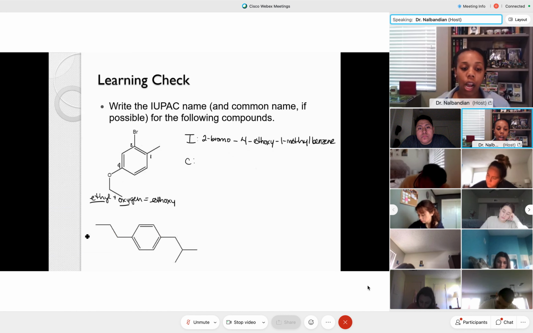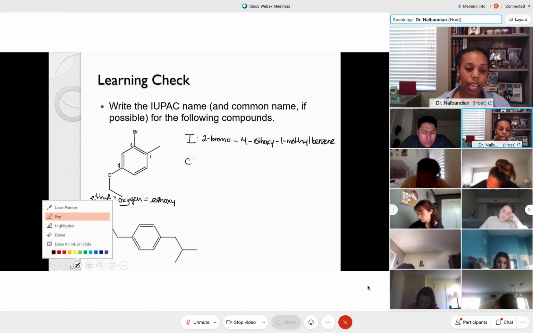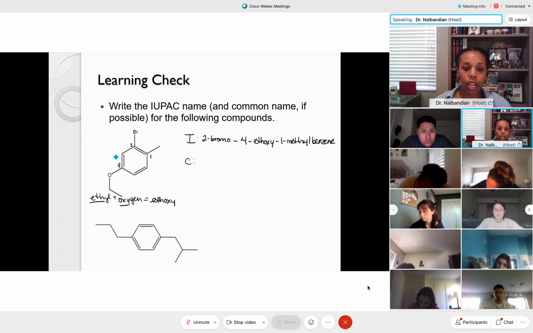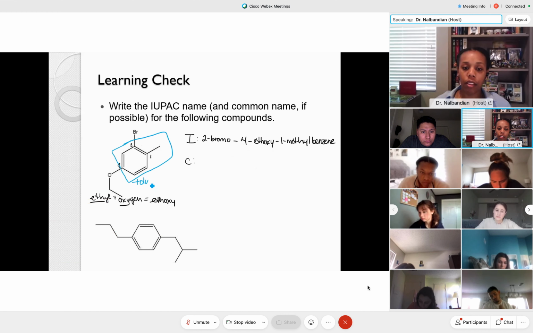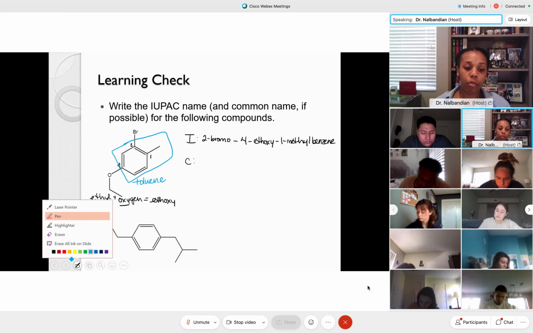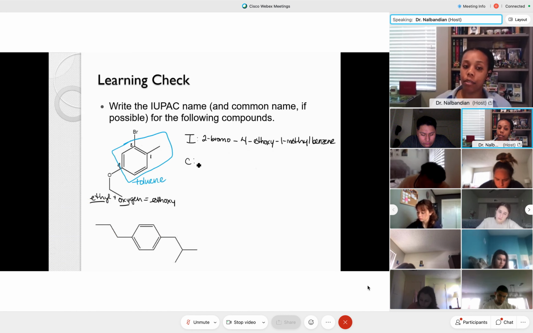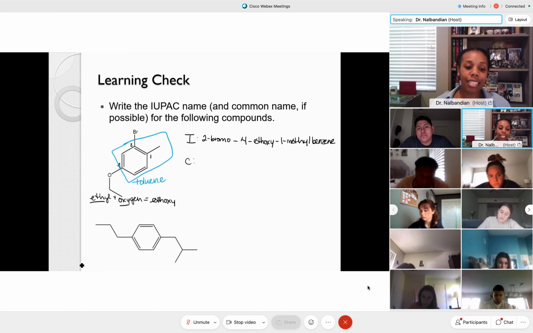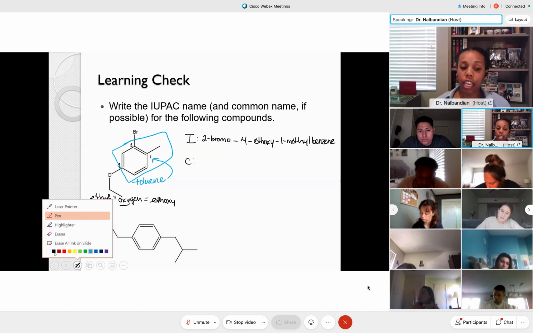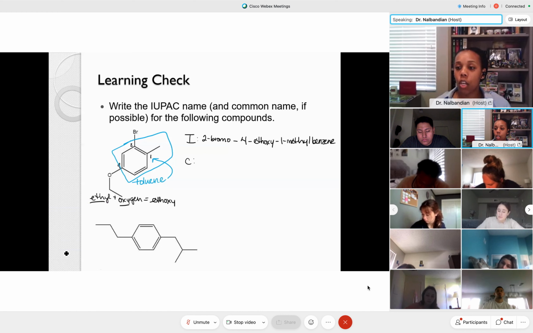Can we do a common name here? Yes, we can. For the common name, we have to remember that this is called toluene. And toluene is acceptable for common, not for IUPAC. If that's toluene, then this has to be carbon 1 if we were numbering it for the common name. It is carbon 1 for both, so we're fine there.